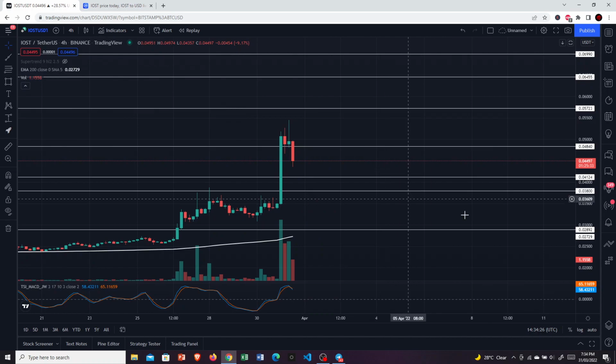Whatever goes up has to come down also. Since BTC is in a retest mode towards its support of $45,000, I think IOST can go to 0.041, and if this doesn't hold, then we can go below this level and retest 0.038.